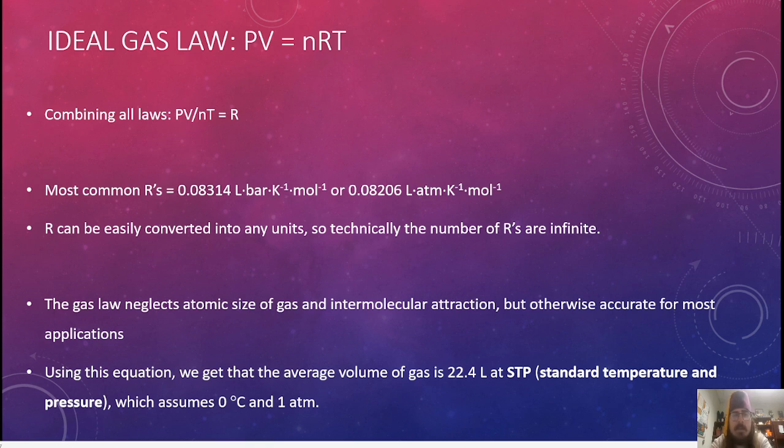Now, what makes this an ideal gas law? When we say an ideal gas law, an ideal gas is a gas that essentially has no atomic size and no intermolecular attraction, meaning that we're ignoring how all the gases are different.